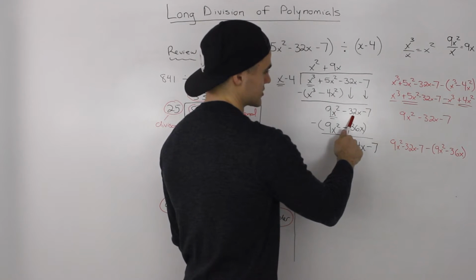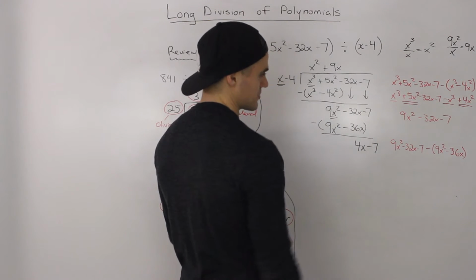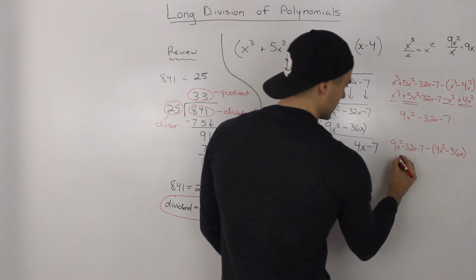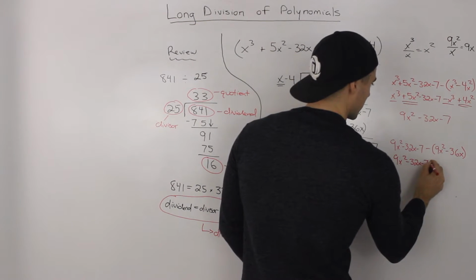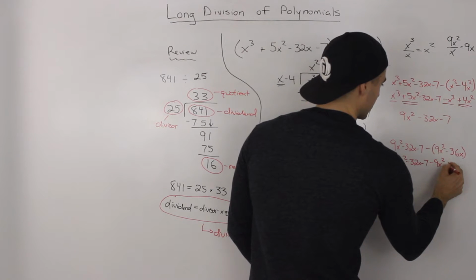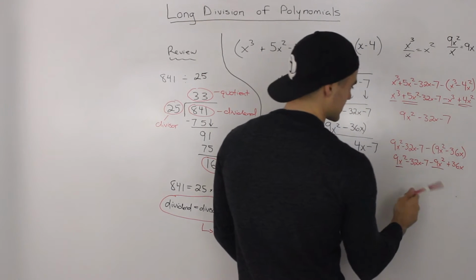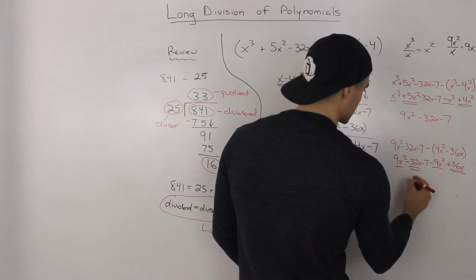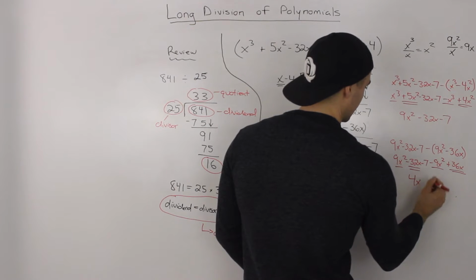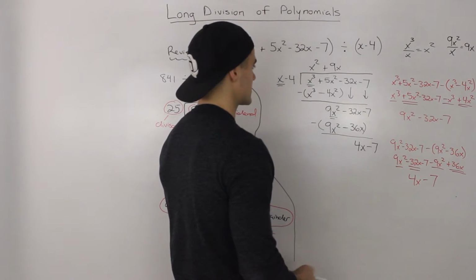So I took this 9x squared minus 32x minus 7, and I subtracted this whole expression here. So distributing the negative inside the bracket, we would get minus 9x squared plus 36x. The 9x squareds cancel out, and then negative 32x plus 36x, those are like terms, we end up with 4x, and then the negative 7 is just left. So that's how we got this 4x minus 7.